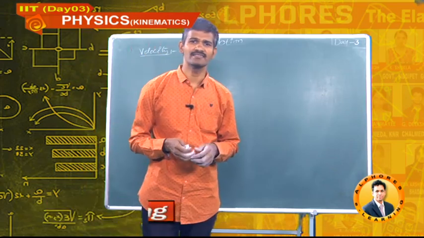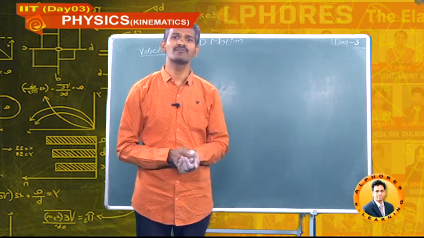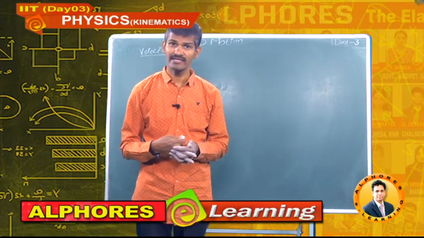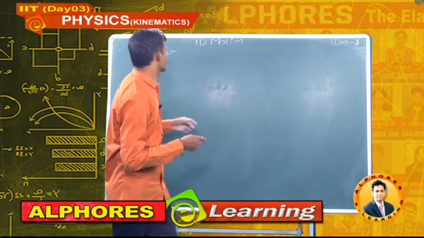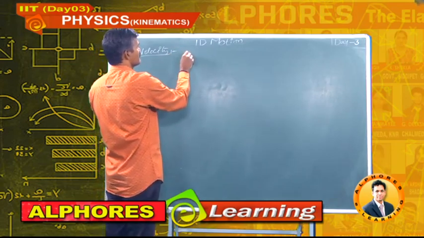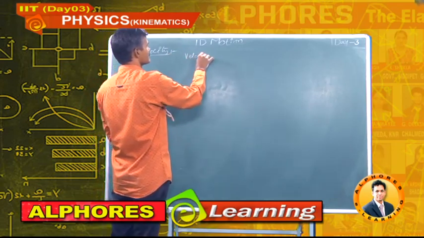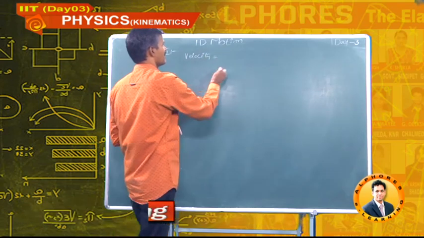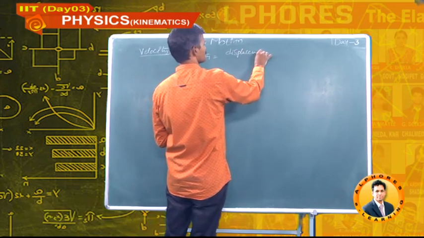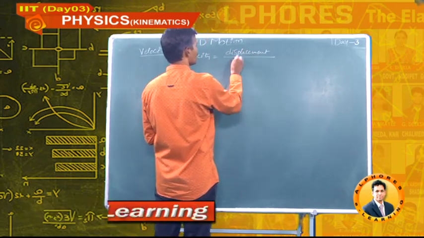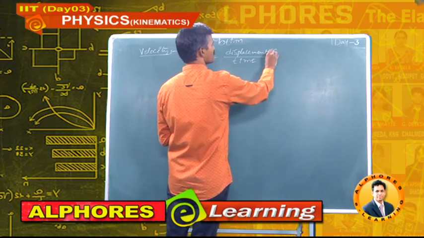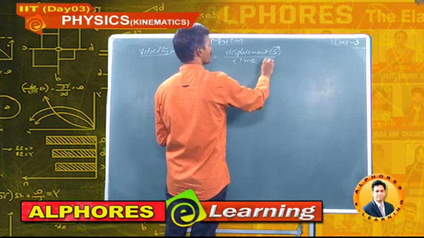Velocity is defined as displacement travelled by the body in unit time. Displacement is s bar, time is t.